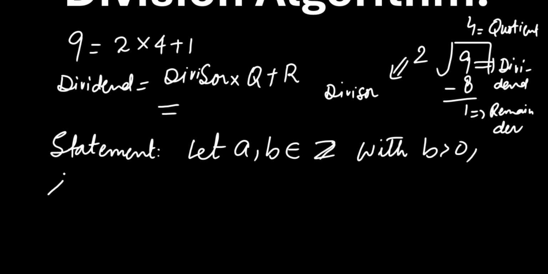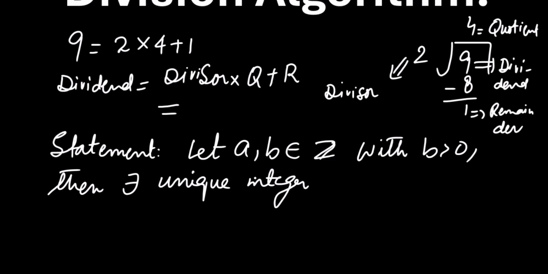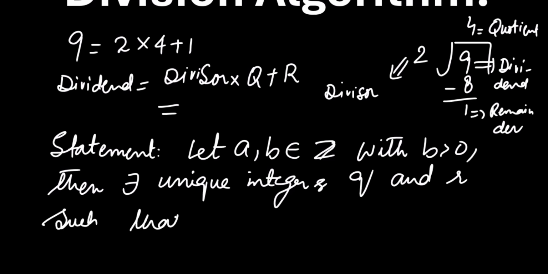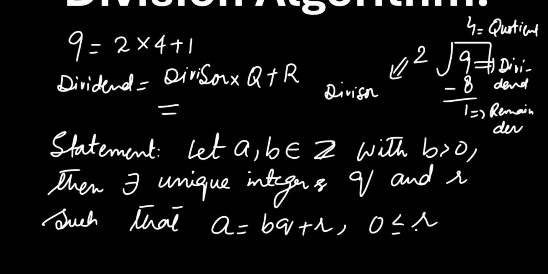Then there exist unique integers q and r such that you can write a is equal to b times q plus r, where your remainder is 0 less than or equal to r less than b. Your remainder lies between 0 and b.